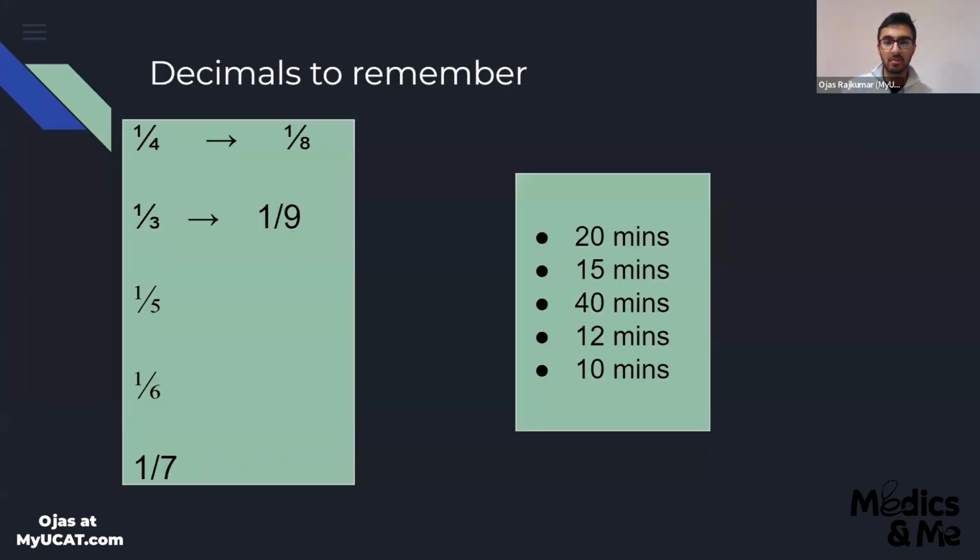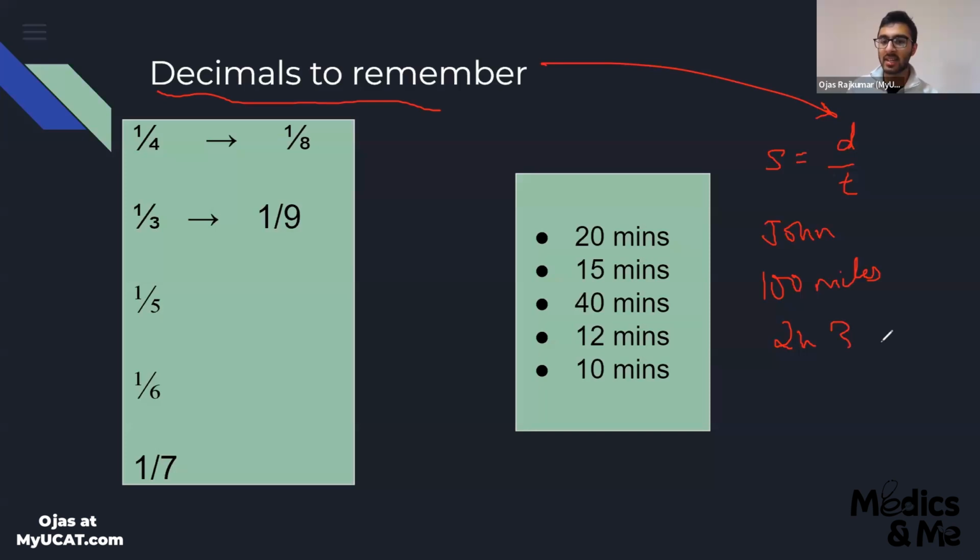Now, another thing we do before we go on to some more questions is I recommend you memorize some of these decimals. That might sound really obvious and something you can do on your calculator, but the reason why this is super important is, for example, if you get another question on speed, distance, and time, and you have to work out that John travels 100 miles in 2 hours and 39 minutes.